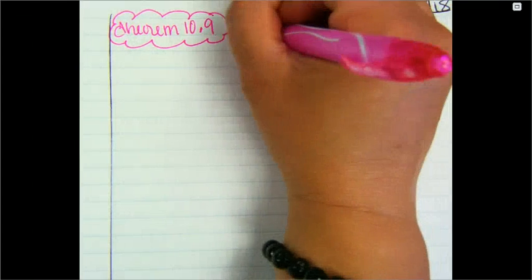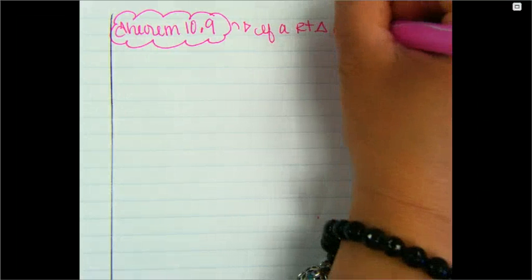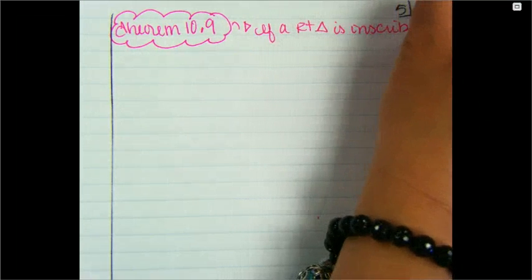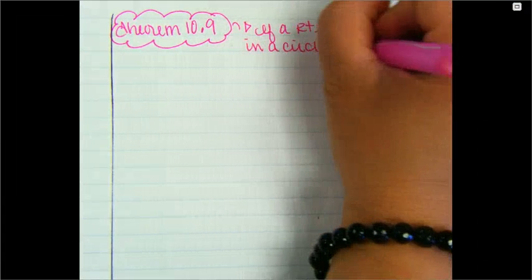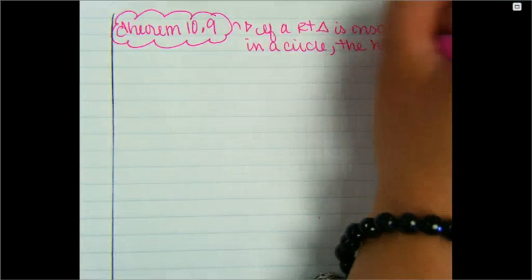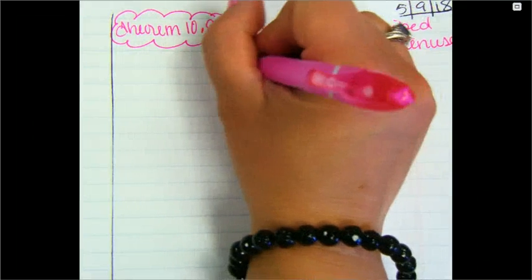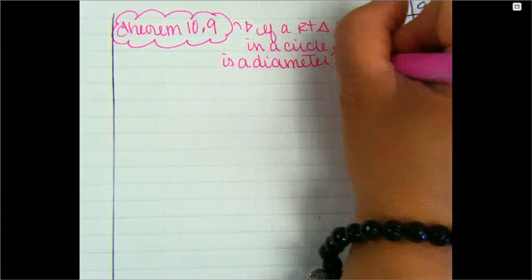If a right triangle is inscribed in a circle, the hypotenuse is a diameter of the circle.